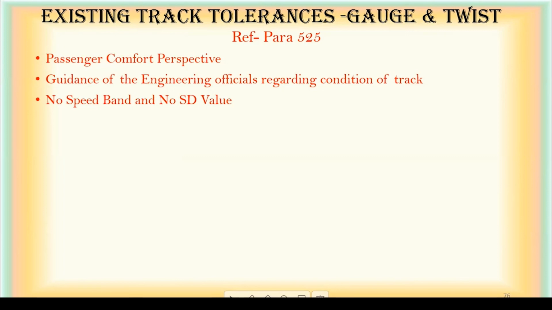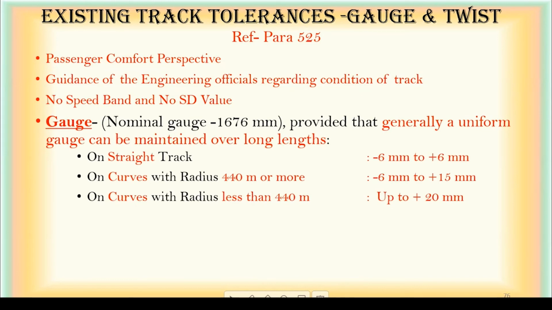For straight tracks, I mean apart from curve realignment, for all other tracks, leaving aside the purpose of realignment, this is the limit that has been decided. All limits are as per passenger comfort only and for guidance of engineering officials regarding condition of track. Again this is irrespective of any speed band, and it says that gauge should be on a straight track between -6 to +6, which was in case of new line up to here, or on a sharper curve of 350 meters it was -5 to +3 for new track, whereas in maintenance it has been allowed up to -6 to +6 in straight and -6 to +15 in case of curve flatter than 4 degree.